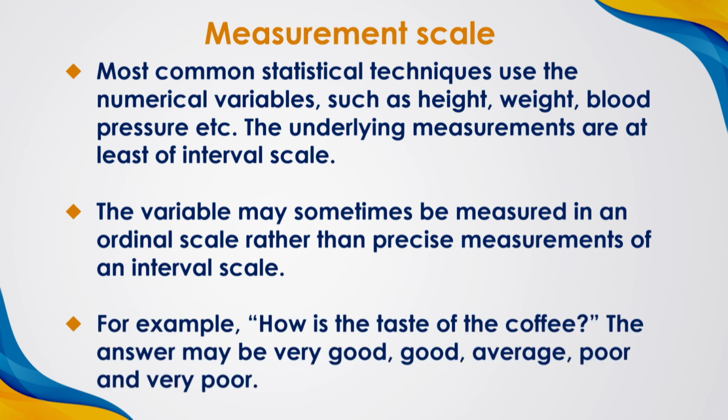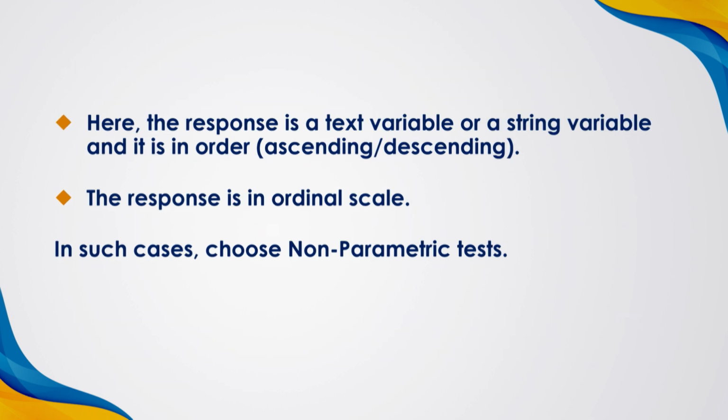For example, how is the taste of the coffee? The answer may be very good, good, average, poor and very poor. Here, the response is a text variable or string variable and it is in order, ascending or descending. The response is on an ordinal scale.